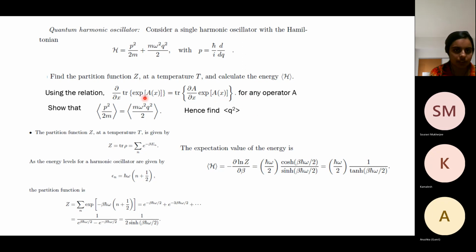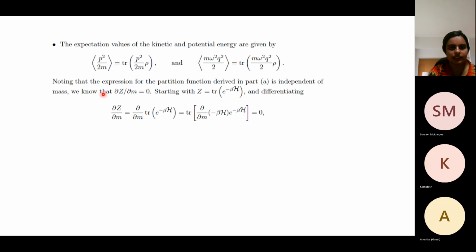Now, given this relation, we have to show that the average of p square by 2m is equal to the average of m omega square q square by 2m, and then from there, we have to find q square average. So how do we do that? What is the expectation value of p square by 2m? It will be given as trace of rho into p square by 2m, right?